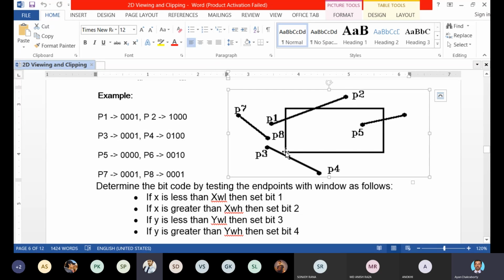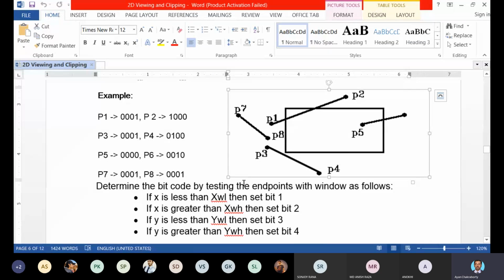This corner, the origin point of this clipping window or viewing window, is XWL, YWL, that is X window low, Y window low. And the opposite corner is XWH, YWH, that is X window high, Y window high.